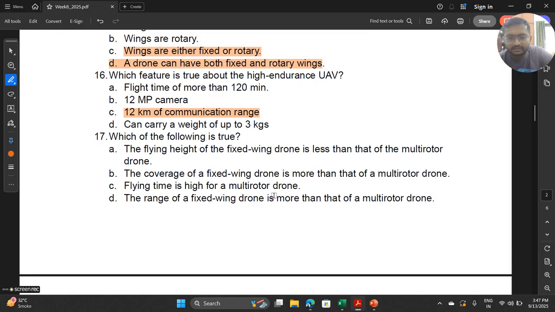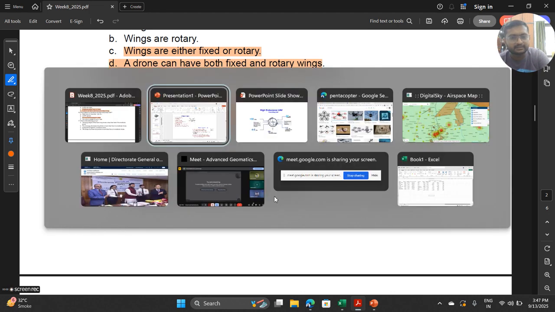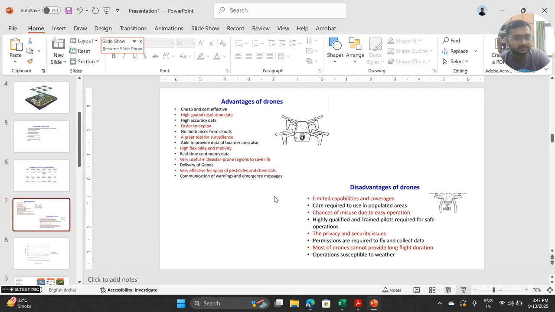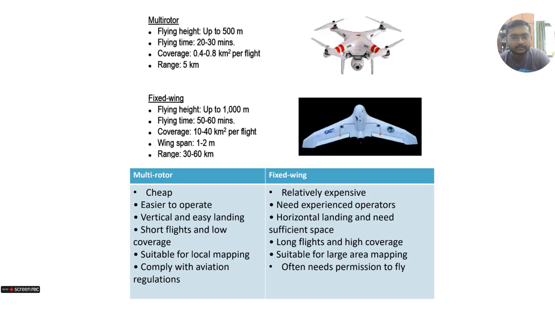Range means how far it can go. Yes, okay, sir. So what you can see here is the differentiation between multi-rotor and fixed wing. First of all, flying height is up to 500 for multi-rotor, while fixed wing can go up to 1 kilometer.